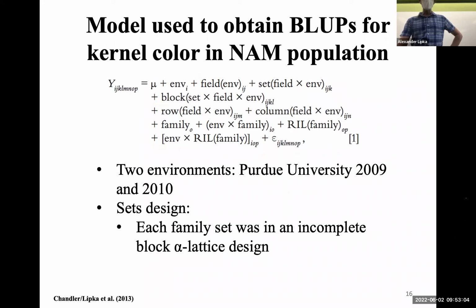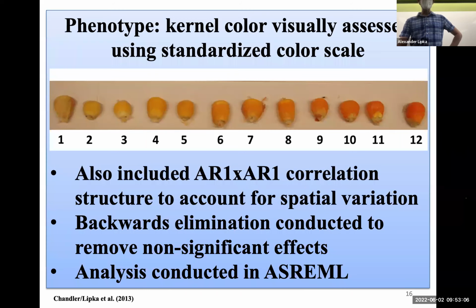We had an incomplete block alpha lattice design, okay? And then our phenotype, okay, this is actually really cool. We had a 1 to 12 scale on orangeness from light yellow to dark yellow. And we included the whole 9 yards in this statistical model.